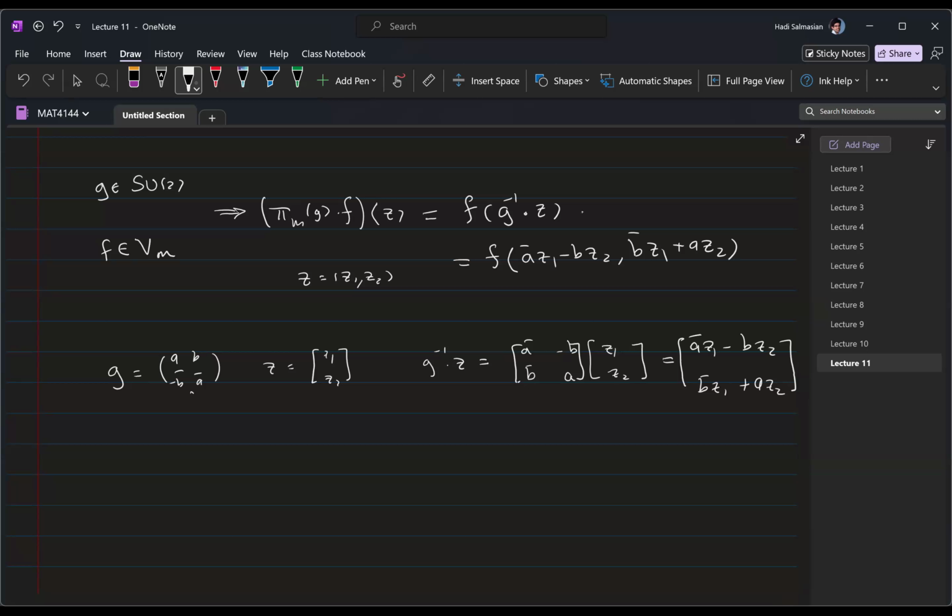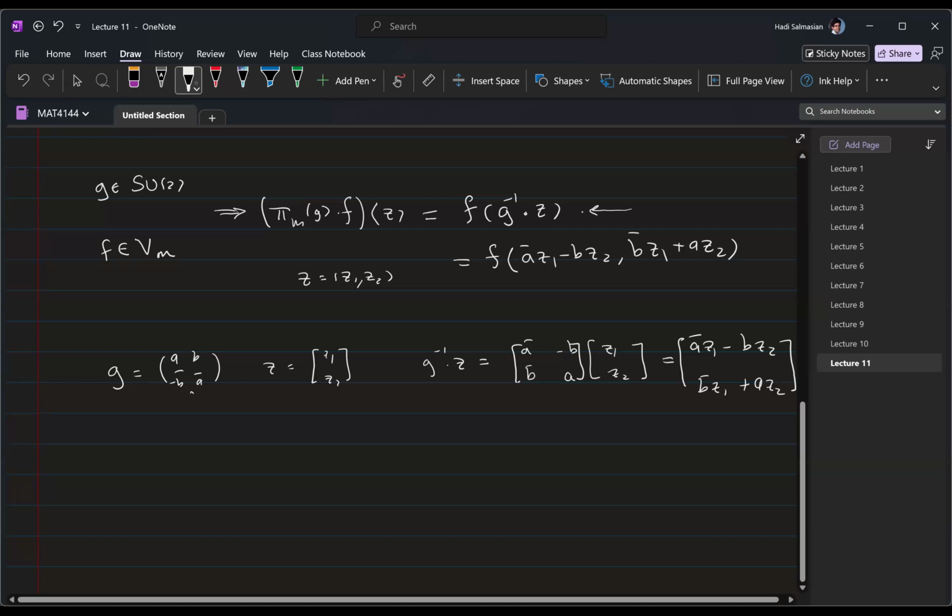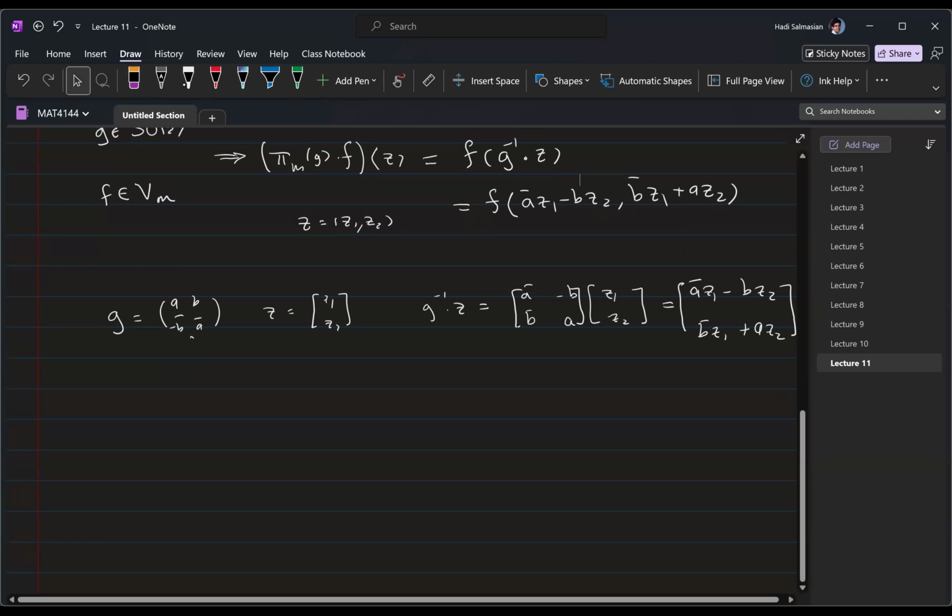Now, from the way this action is defined, it's not difficult to see that I have a representation. First of all, why is it a linear map? It's pi m g of c1 f1 plus c2 f2. What is the value at z? The value at z is c1 f1 plus c2 f2 of g inverse z. But you have a linear combination of functions evaluated at the same point, so you could write it as c1 f1 of g inverse z plus c2 f2 of g inverse z.